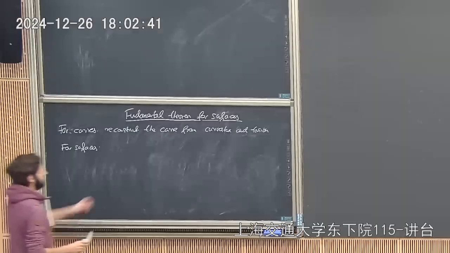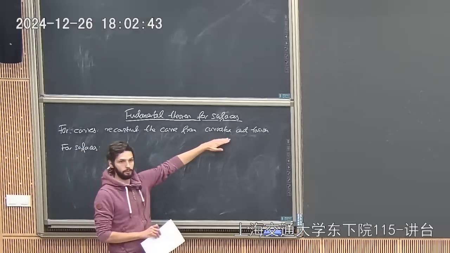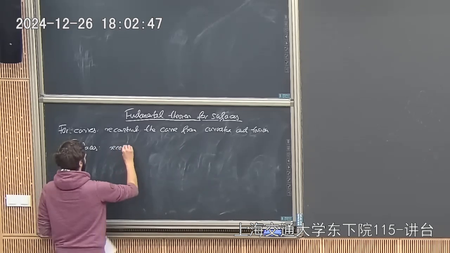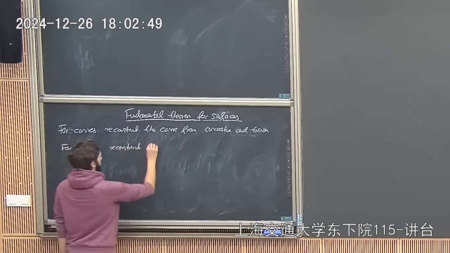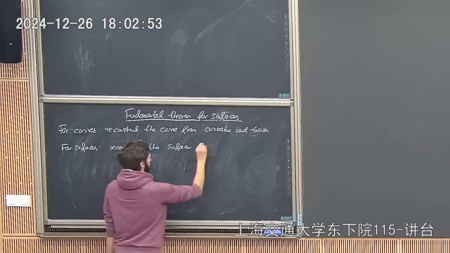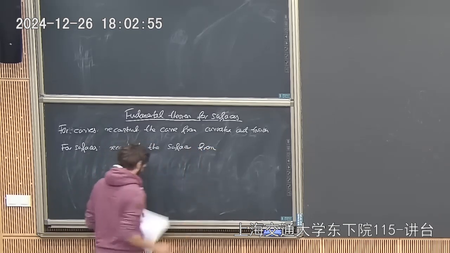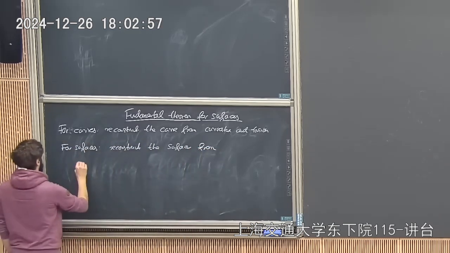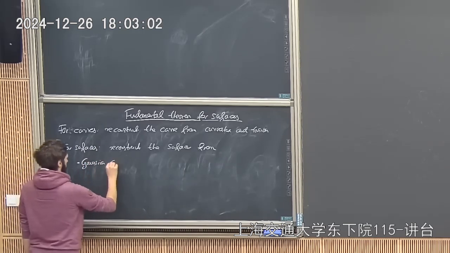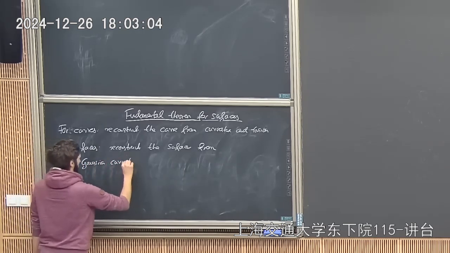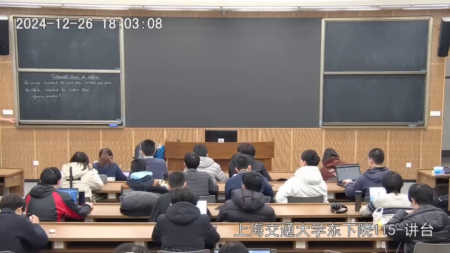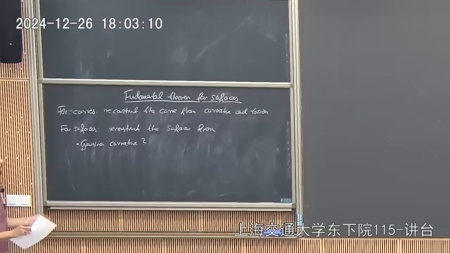So the analog of the curvature would be the Gauss curvature, right? So the natural guess would be that we can reconstruct the surface from, like first guess would be, the Gaussian curvature. Let me make a question mark there because maybe it's not enough or maybe it is.